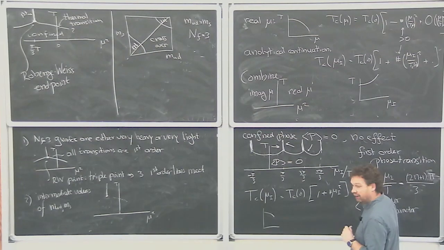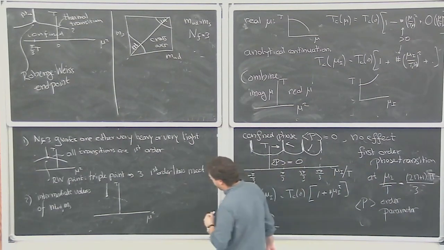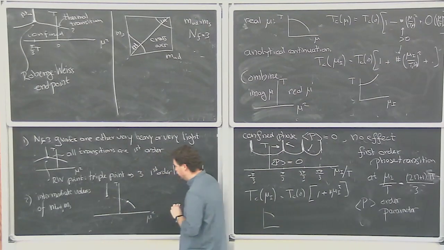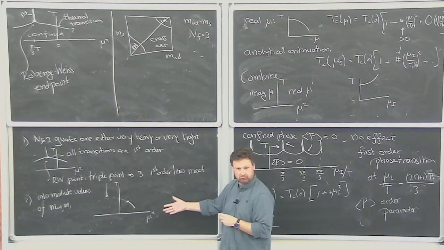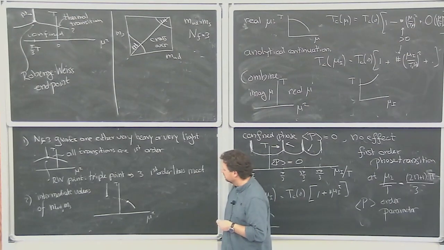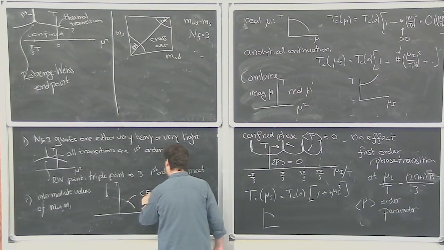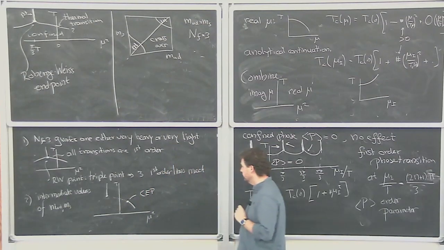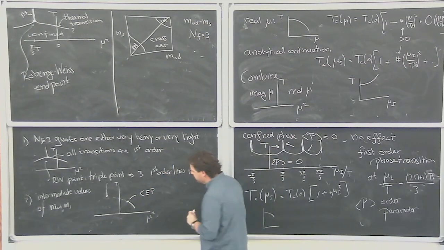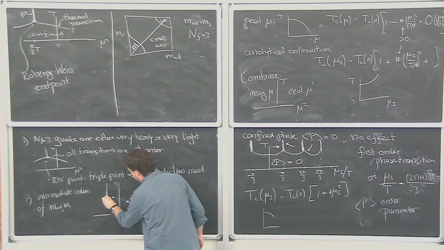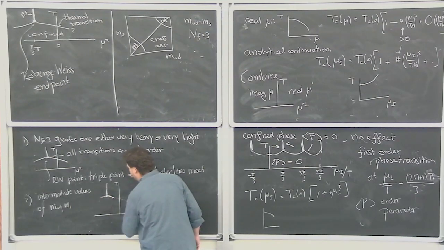Now then, again, there are some possibilities. Either this crossover turns into a first order transition, which is something we expect here for real mu, because this is the critical endpoint. So this will be the critical endpoint at real mu. The same might happen at imaginary mu, so there might also be a critical endpoint on this side where the line turns into a first order line.